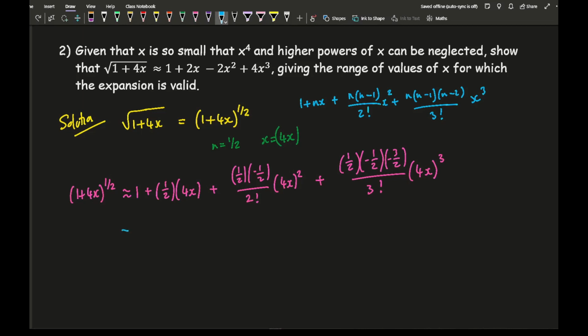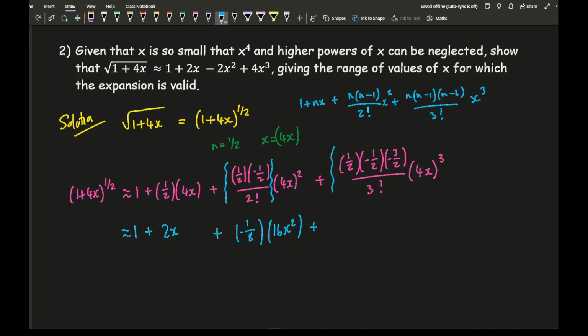So here I've got 1 plus, and the first one is a half times 4, which is 2x. For the next one, if I do the number bit on my calculator, this becomes minus 1/8, and 4x squared is 16x squared.